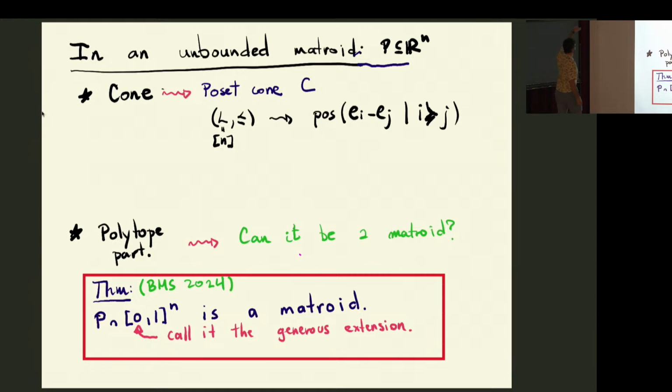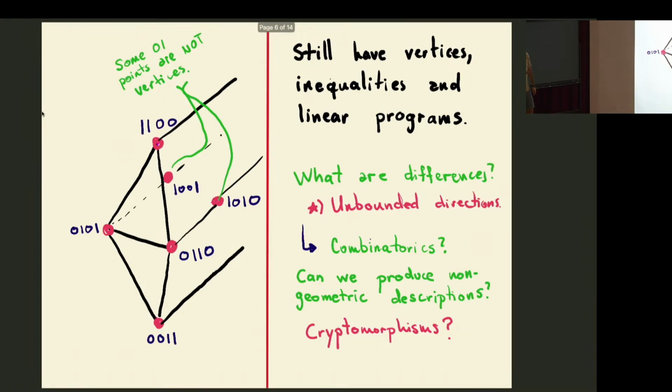So the idea is, I can look at the unbounded matroid and I can look at the decomposition. In the decomposition, I'm going to have a cone. That cone is going to correspond to a poset, a partially ordered set on the numbers from 1 to n. In my example over here, all the edges going in the infinite direction are parallel. There are 4 of them.